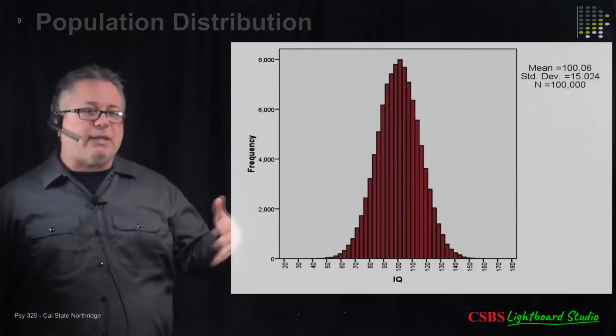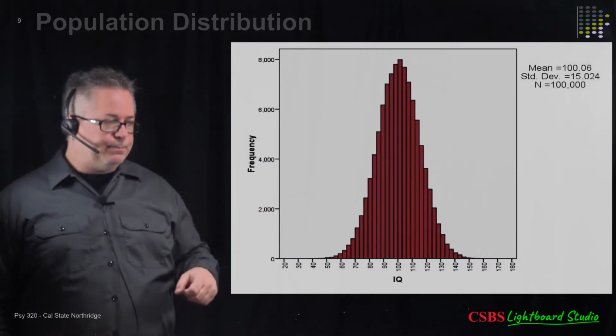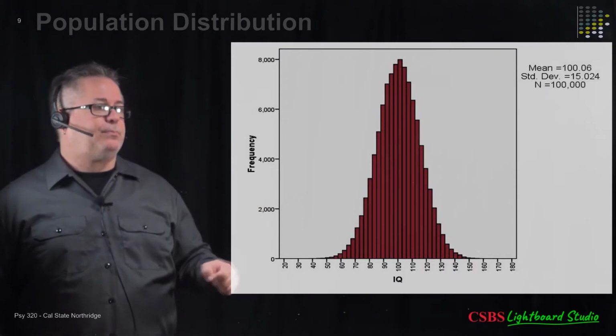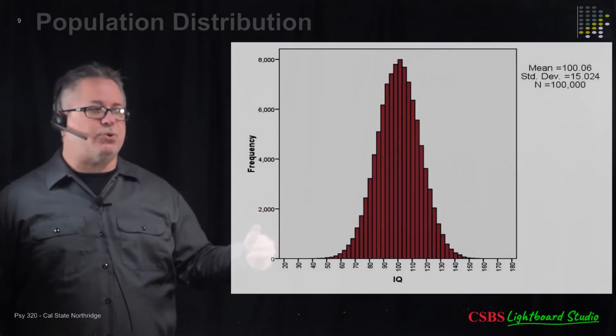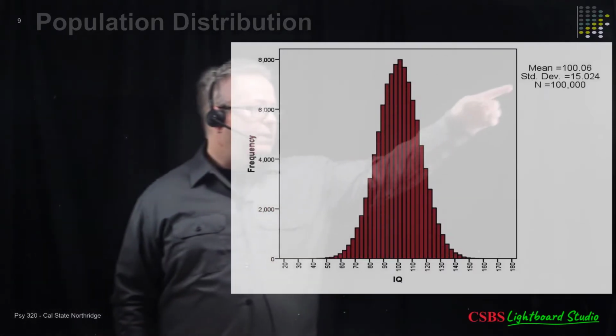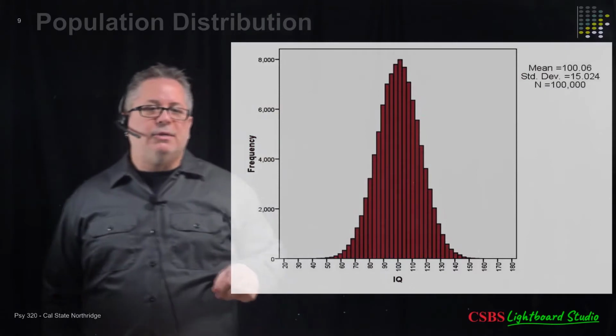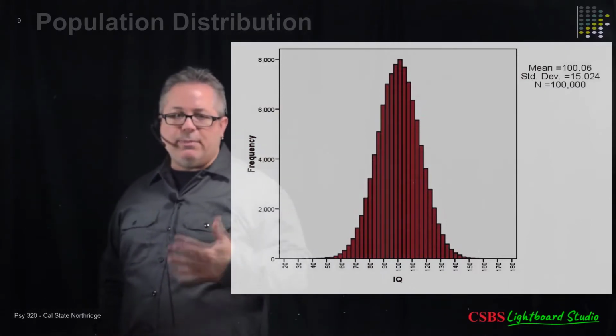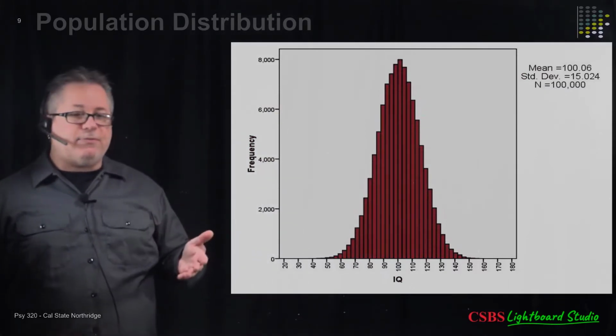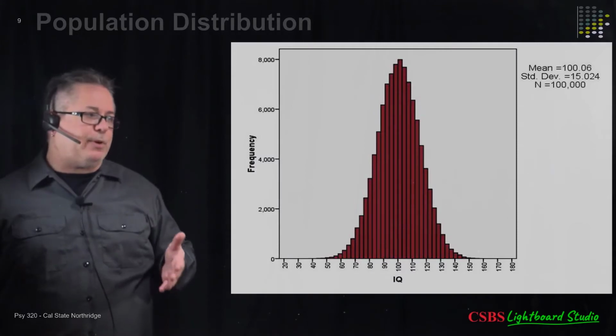I just simulated this, a simulated population. The mean is real close, 100.06, and the standard deviation is 15.024. So I got really close to a mean of 100 and a standard deviation of 15 in the population.